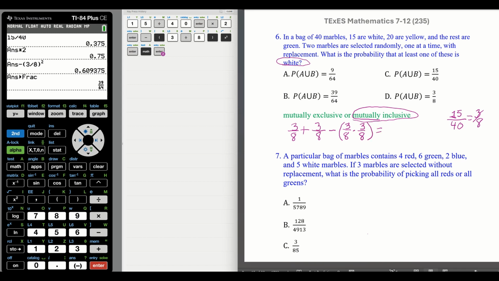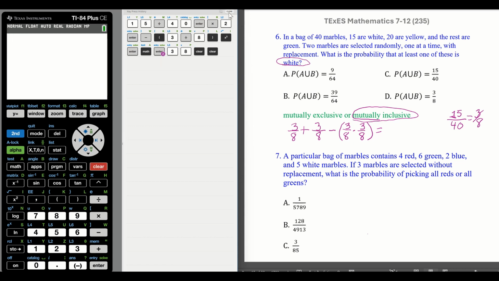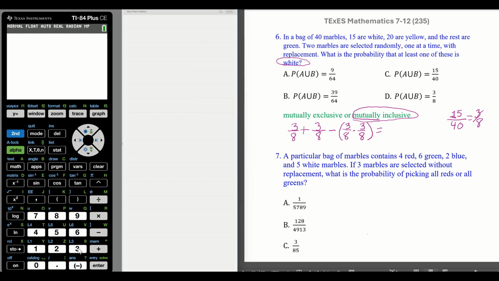Okay, let's put this in the calculator. We're going to take 3/8. Okay, let's clear all of this out. This is kind of confusing. Okay, we're going to say 3 divided by 8. I'm going to push enter. I'm going to multiply that times 2, same as adding them together.